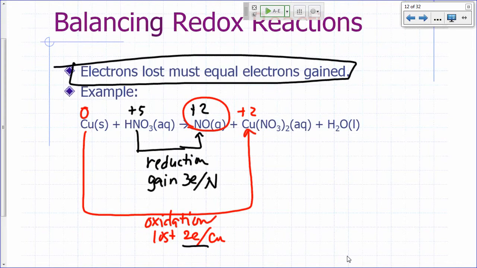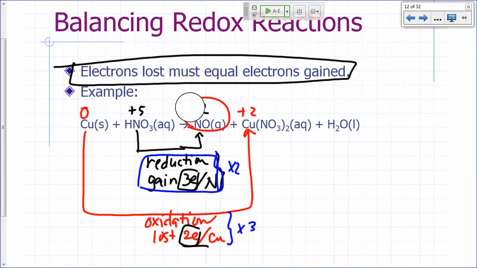We adjust coefficients, right? So we find the least common multiple of 3 and 2, which is 6. What do I multiply 3 with to get 6? 2. So this reduction has to happen 2 times, and my oxidation must happen 3 times in order to balance electrons lost and gained.